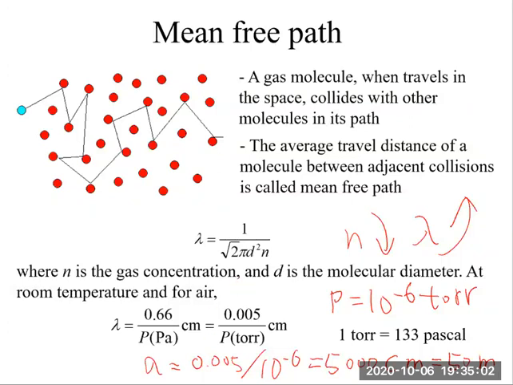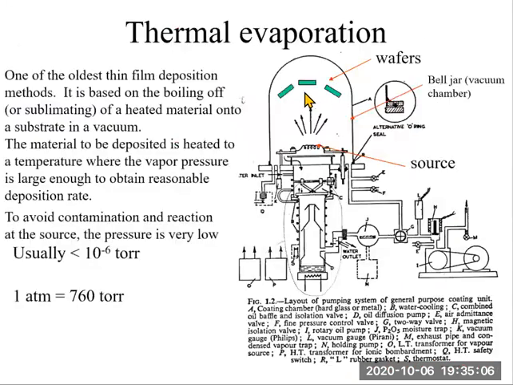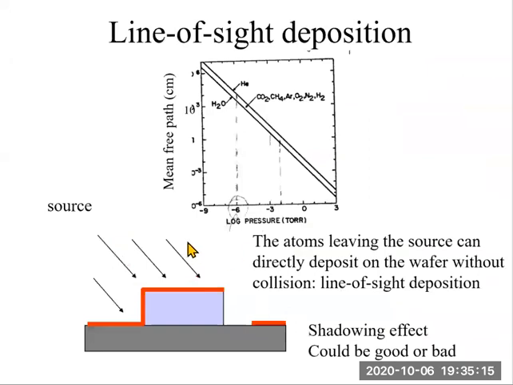This is much greater than the distance between the source and the wafers inside the vacuum chamber. Consequently, the atom leaving the source can directly deposit on the wafer without a single collision. So this is a line of sight deposition.